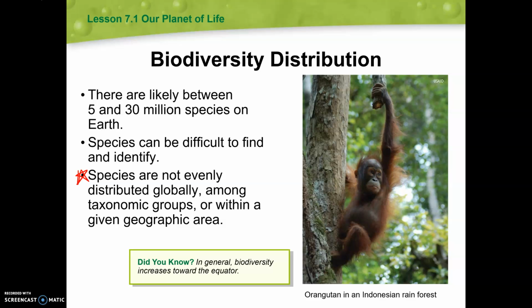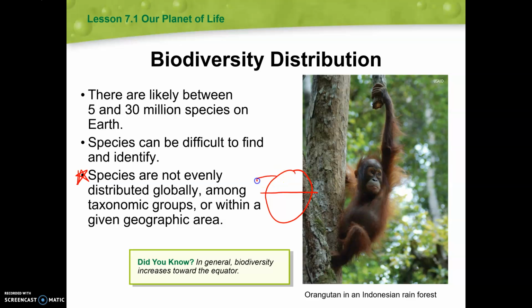So we can see that it's not distributed globally. We're not going to see even distribution amongst our taxonomic groups, or within a geographical area. If we think about the tundra, we're not going to see high biodiversity there. Biodiversity increases towards our equator.